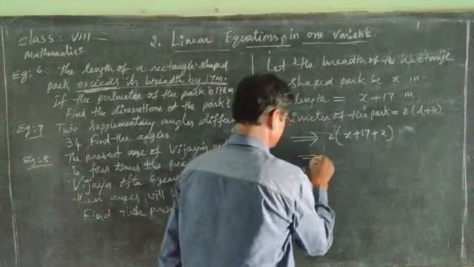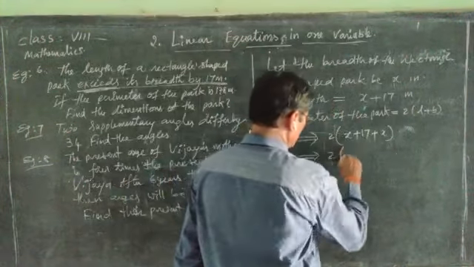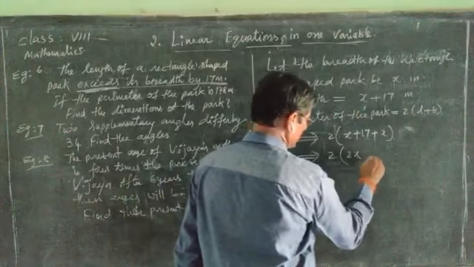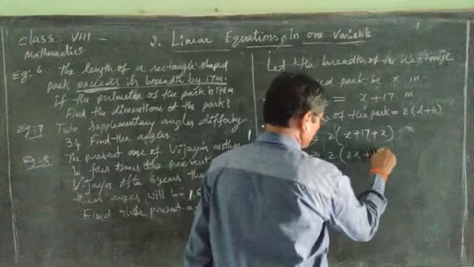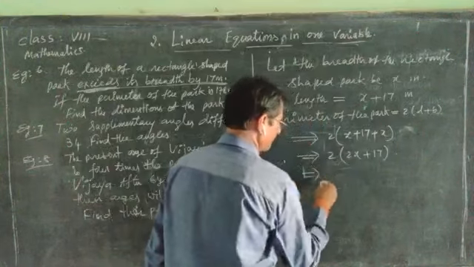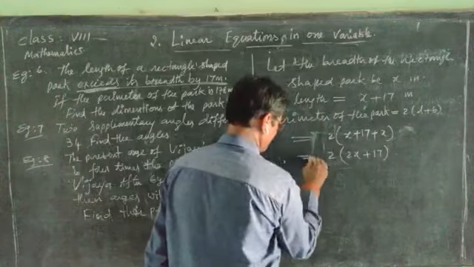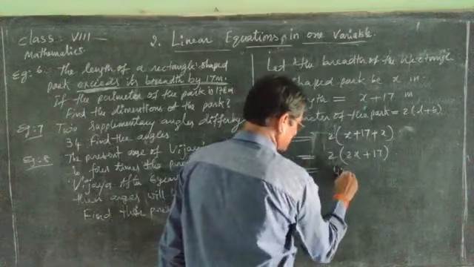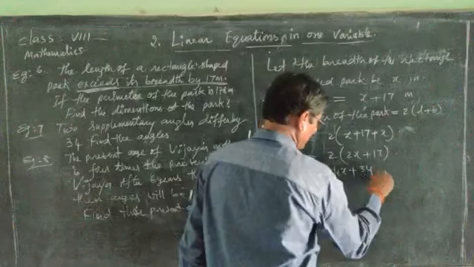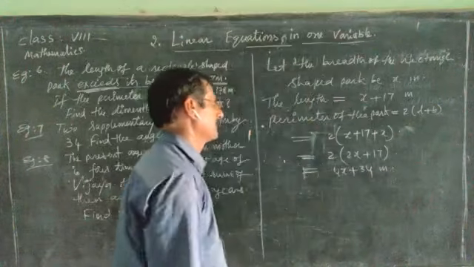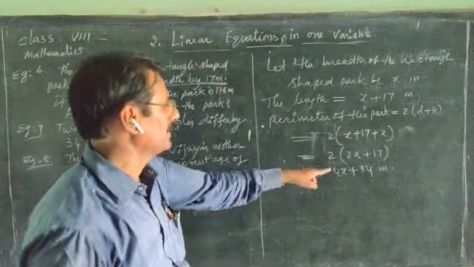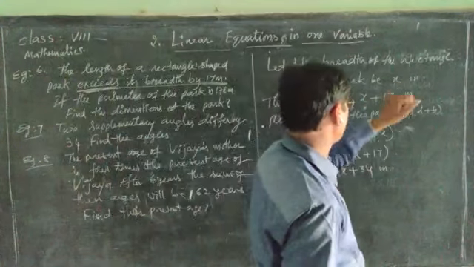First you simplify this. 2 into x plus x, 2x, plus 17. 2 times 2x is 4x plus 34 meters. This is the perimeter of the park in terms of this length and breadth.